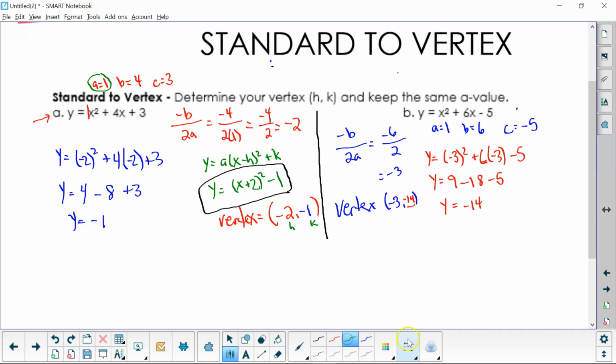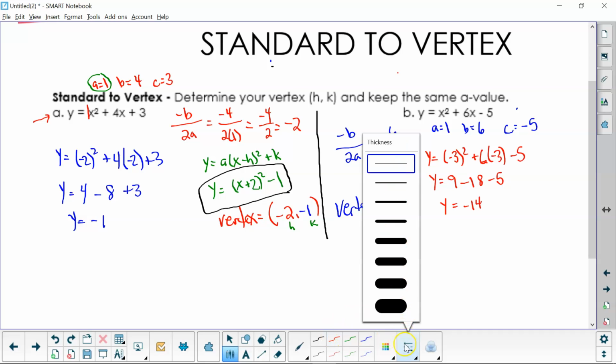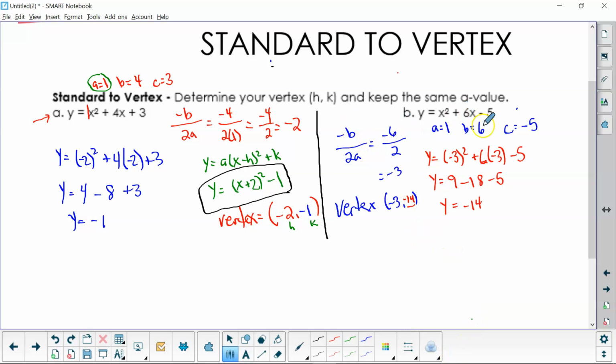From here I can just write out my vertex form, because remember, the vertex form is y equals a times x minus h squared plus k.